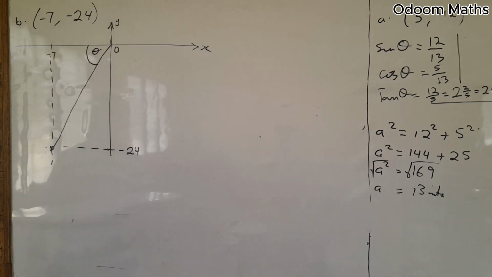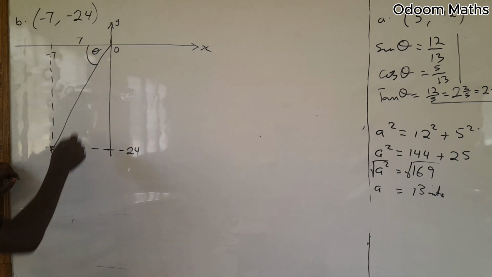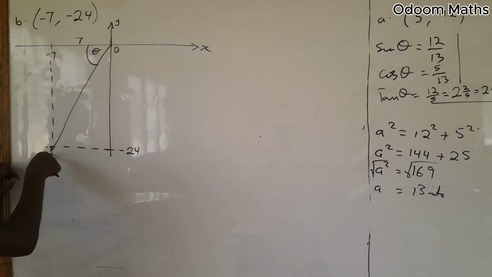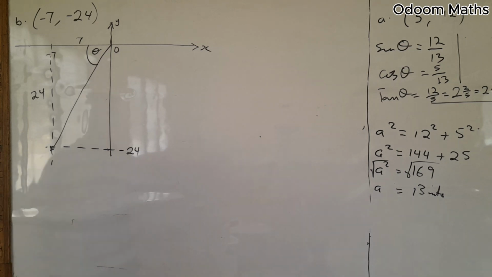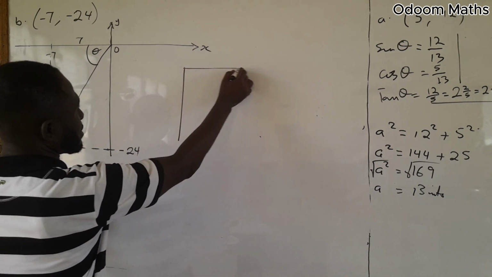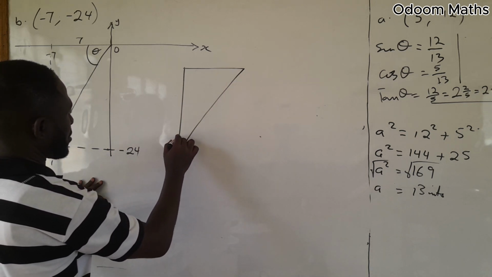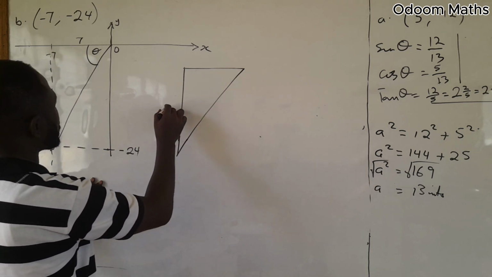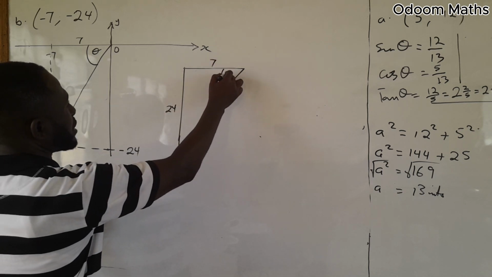Now from here to this point is 7 units. From this point to this point is also 24 units. Okay. So let me redraw this right angle triangle. We have it to be like this. So this is 24 and then 7. And then the angle is also here, theta.